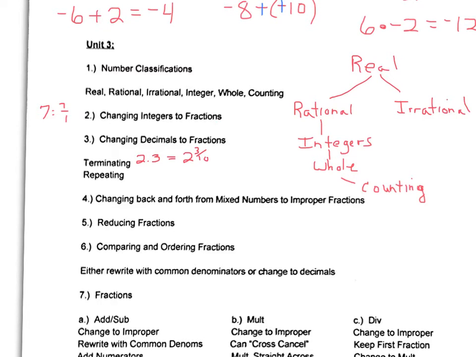If they repeat, for example, 3.71, that's 3 71 over 99. If they repeat, you have lots of 9s. If they terminate, you have 0s, 10s, hundreds, thousands. I think you should know how to change back and forth from mixed to improper. You should know how to reduce. When you're comparing and ordering fractions, you should either rewrite them with common denominators or change to decimals.